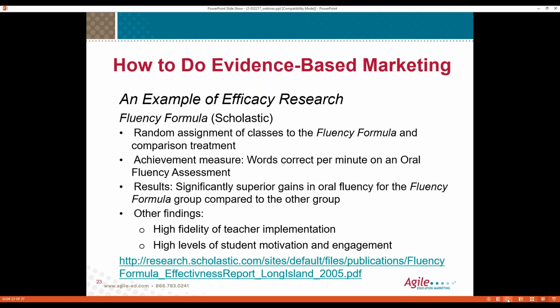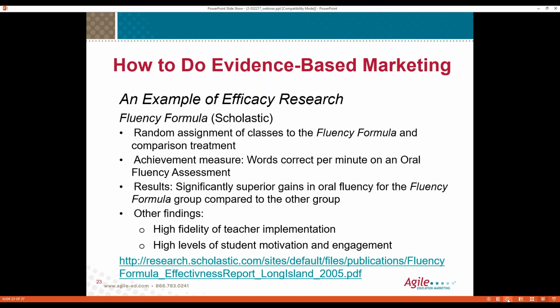What we were able to do is random assignment of classes. We were not able to randomly assign students, but we could assign classes randomly. So there was a Fluency Formula treatment group and a comparison group that didn't use Fluency Formula.